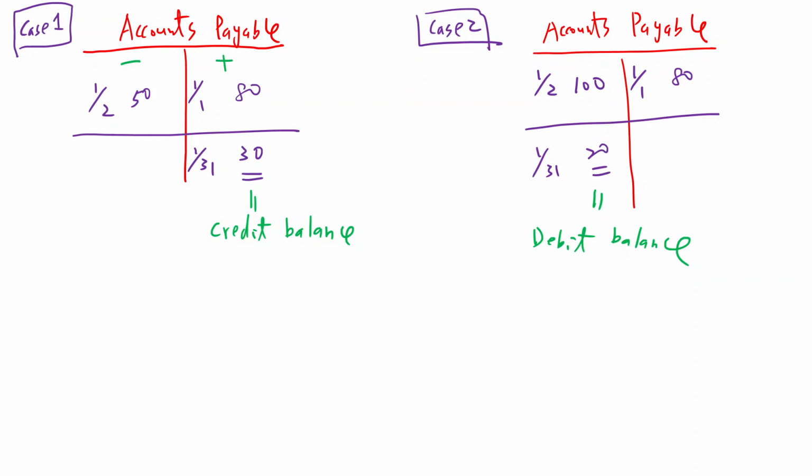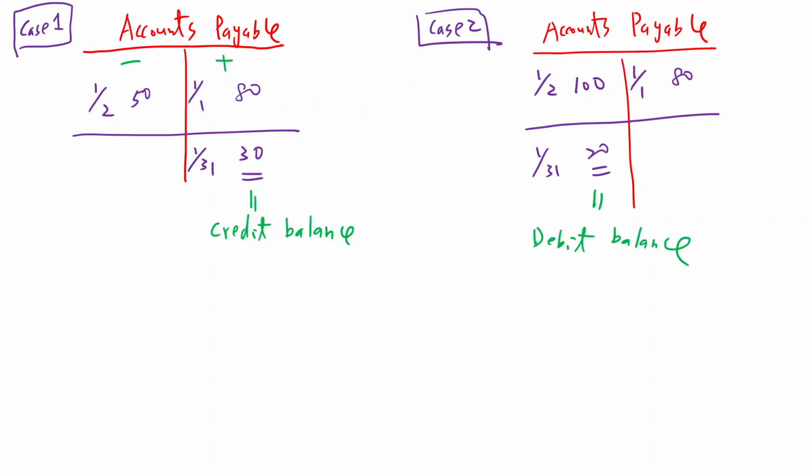Okay, based on this, how do we explain the meanings? What does it mean? For case 1, what does it mean? Anyone? First day, you have liability $80, right? Anyone want to continue? Okay, Daniel.